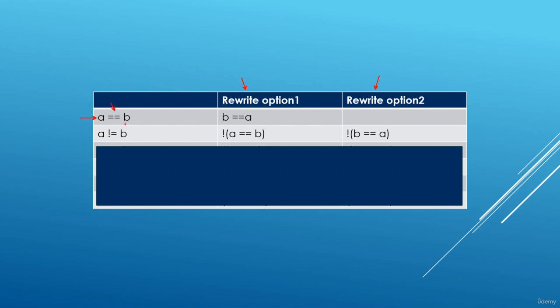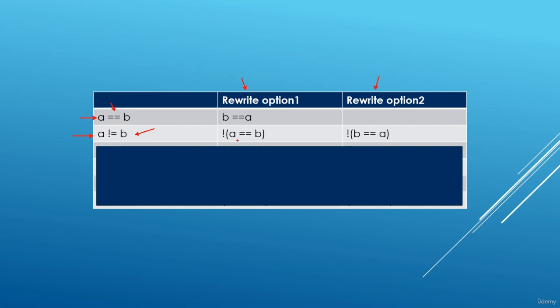The compiler is smart enough to see that we're going to get the same result if we flip the operands and say B equals A. And this is really smart. So if we need a not equals operator, what the compiler is going to do is to negate A equals B, and we're going to get the result we would get if we said A not equals B.